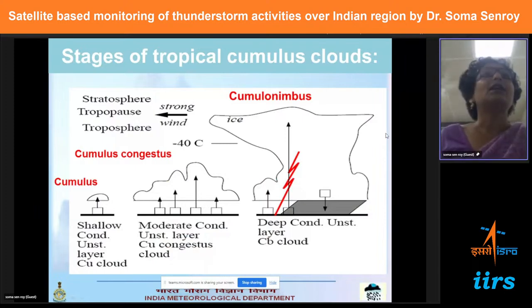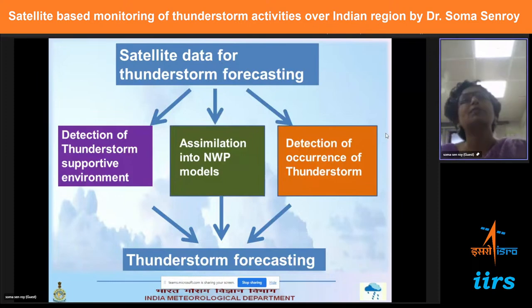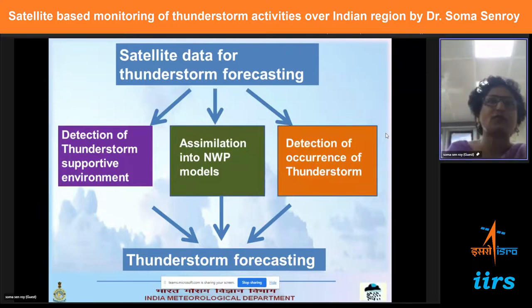Keeping that in mind, we have to now discuss how satellite data is used for thunderstorm forecasting. So when I started to prepare my talk for this particular series, I thought in what way to separate it out.